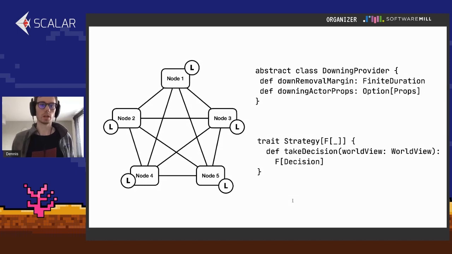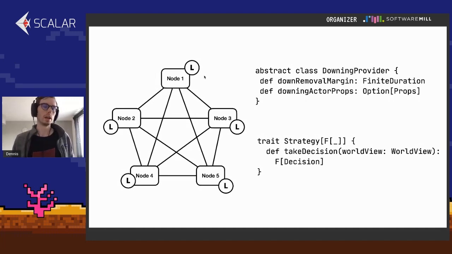So how does Lithium run on your cluster? Akka provides this abstract class, the Downing provider, that you have to implement, and that will then provide the actor that will do this split brain resolver stuff. This actor will be instantiated by Akka on every node of the cluster.